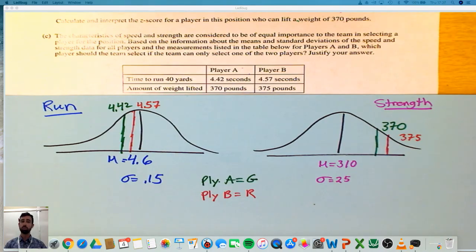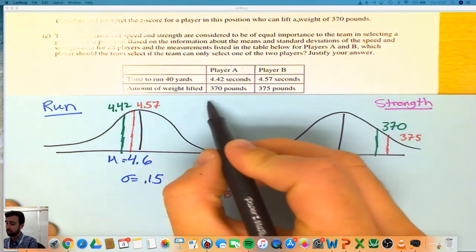Because if one of them is just a little bit stronger, but maybe has a much better head on their shoulders, maybe I want to draft that person. But if the person is ridiculously strong, and say we're doing football and we want someone to block or pass rush, we want to make sure that we get that person because they're out of the ordinary, they're extraordinary. So to do that, we use our good friends at z-score.